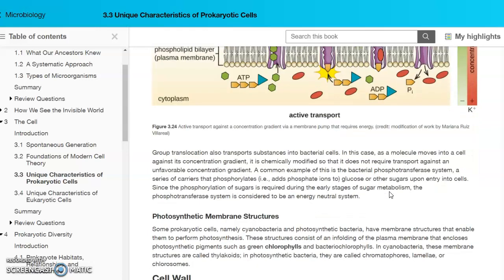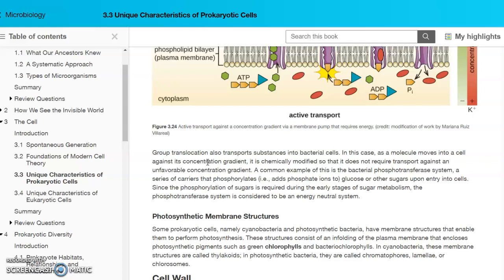Another type of movement is called group translocation. This is a method for transport into bacterial cells. It moves into the cell against its concentration gradient, but it's chemically modified so that it doesn't require specific transport.